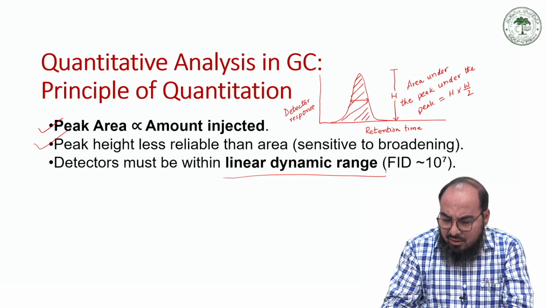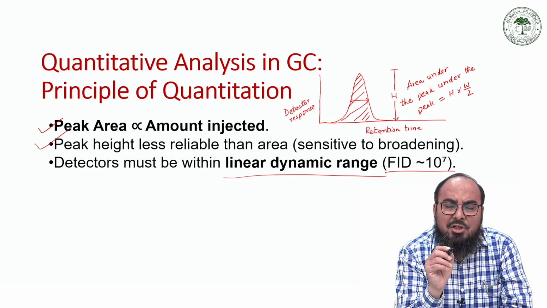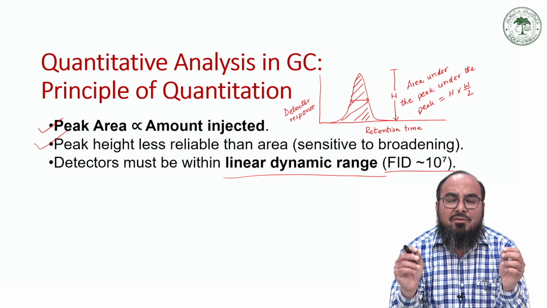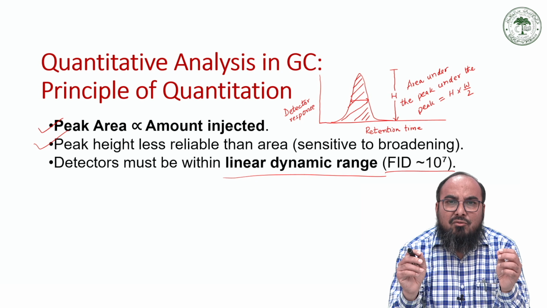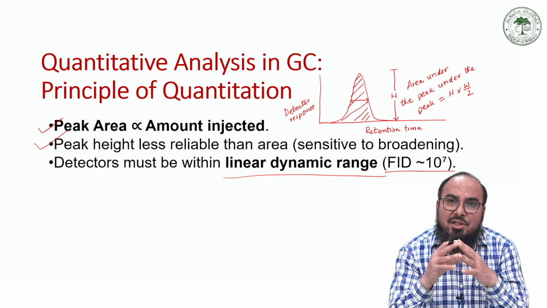For example, the range we have given for the flame ionization detector is 10 to the power 7. That is such a huge range. That is, your detector is sensitive to small changes in concentration or quantity with respect to the detector response.